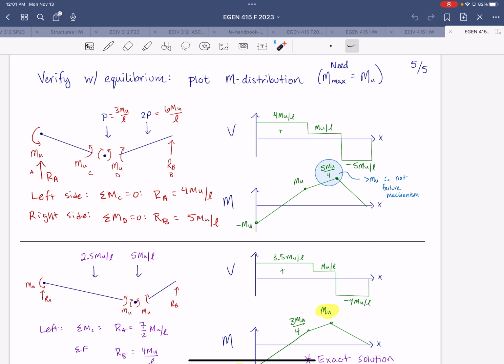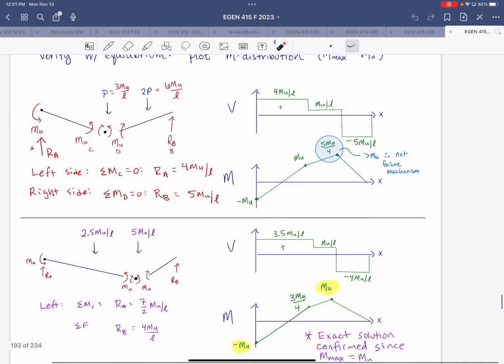From that, you can calculate the reactions, RA and RB. We know that M is equal to MU at the plastic hinges, so that takes care of the fixed support. Then from there, you can draw your shear and moment diagrams.